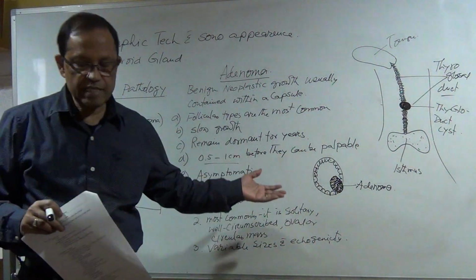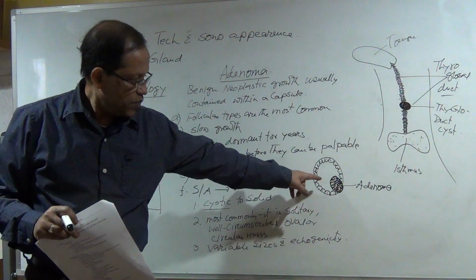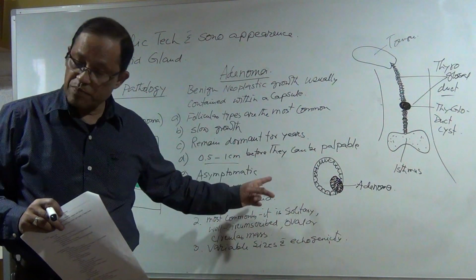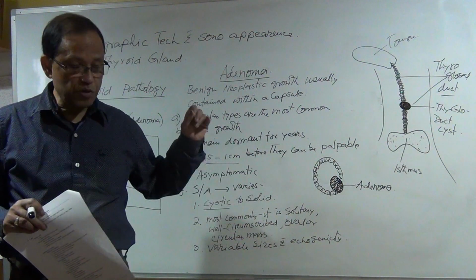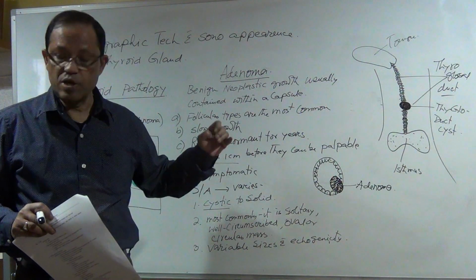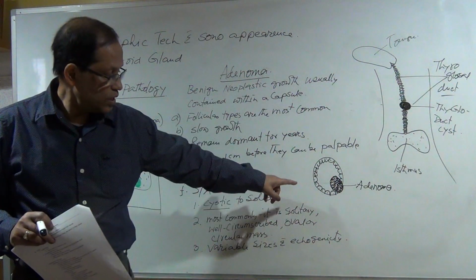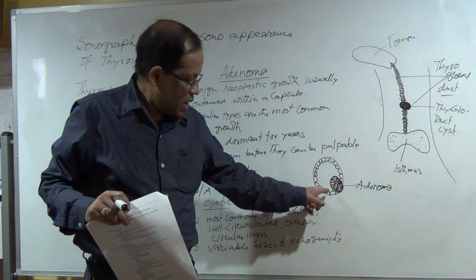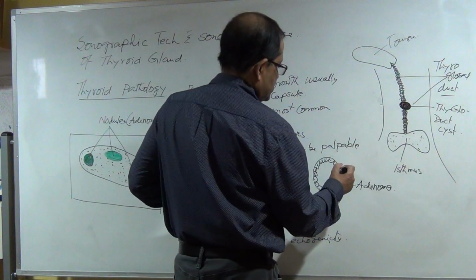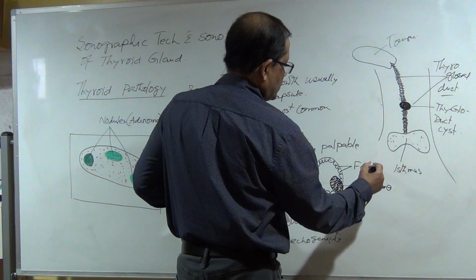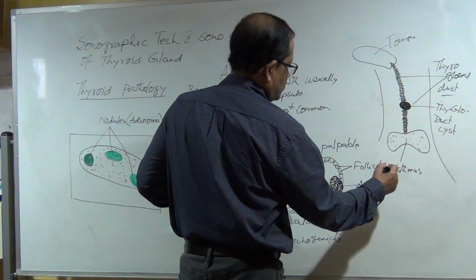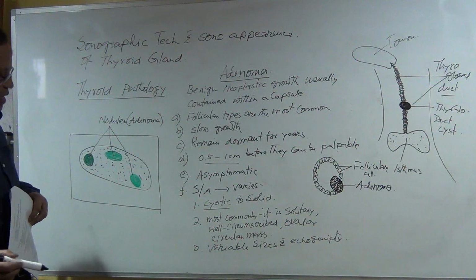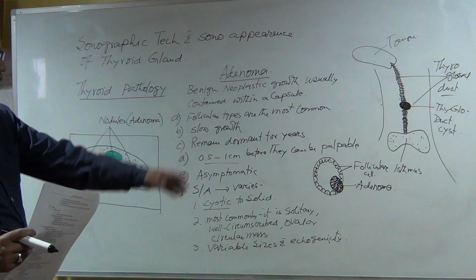So what are the cells inside the thyroid gland? Either follicular cells or parafollicular cells, that is producing the calcitonin. So these are the cells, and this adenoma comes from these follicular cells. Okay, this adenoma is this one.